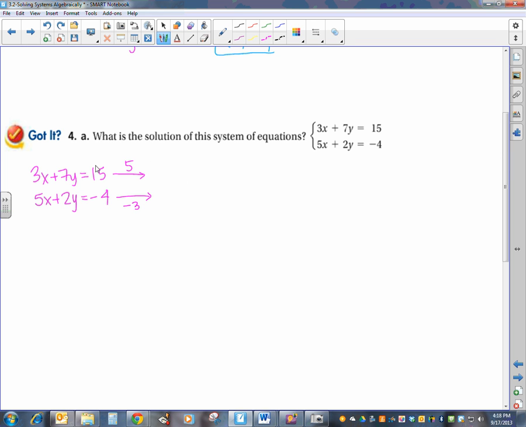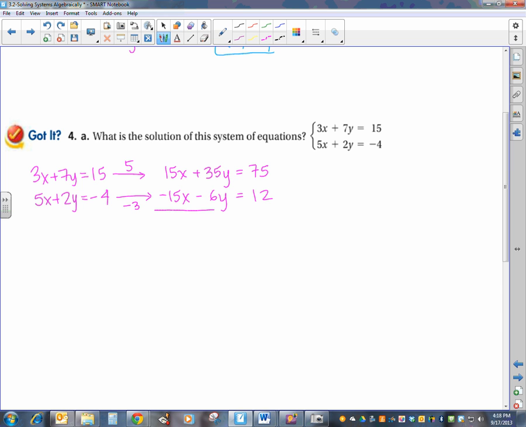So when I do that, 5 times 3, 15x, 5 times 7, 35y, 5 times 15 is 75. Negative 3 times 5 is negative 15x. 2 times negative 3 is minus 6y. And negative 4 times negative 3 is 12.